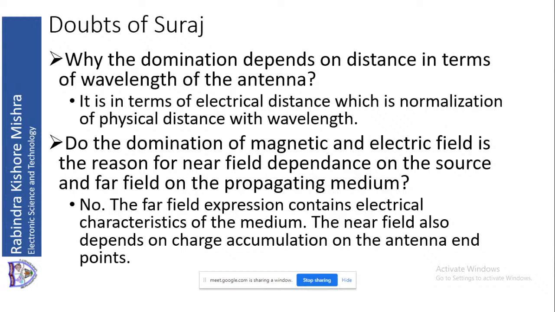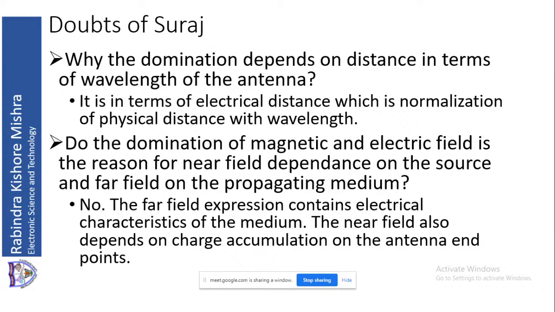But the far field expression is determined by the electrical characteristics of the medium. If you look at the expression E theta and H phi terms, in those expressions you have a component e to the power j k r divided by 4 pi r. Then you have the current.